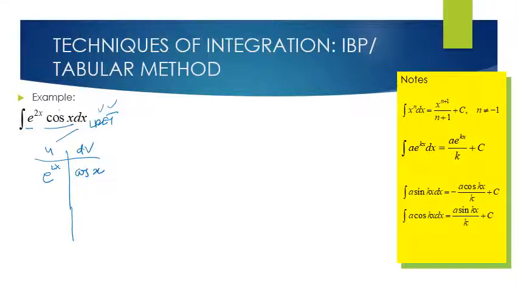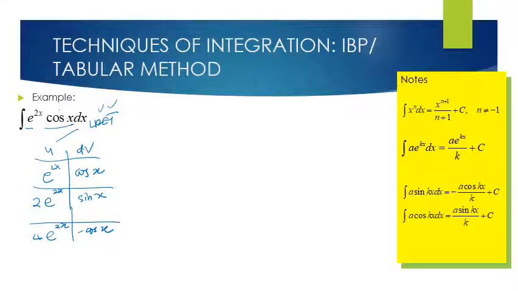Okay, e^2x, we differentiate, we get 2e^2x. Then we differentiate one more time, we get 4e^2x. Next for the cos, we integrate, we get sine x. Next we integrate one more time, we will get negative cos x.